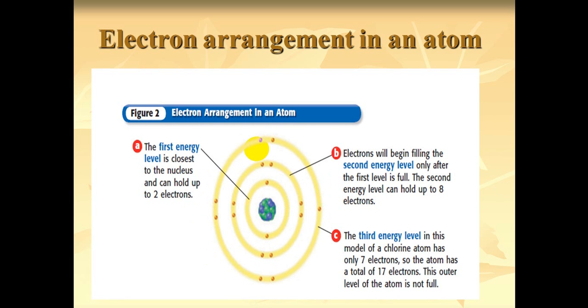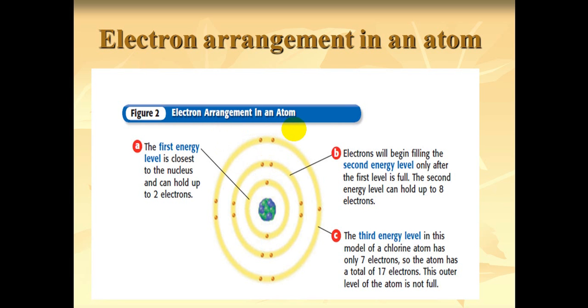The first energy level is the closest to the nucleus, and it can hold, as we said, up to 2 electrons, and this is the maximum number it carries. We cannot put more than 2 electrons in the first shell. Electrons will then begin filling the second energy level. So first we fill the first level, and then the second level fills with 8 electrons.